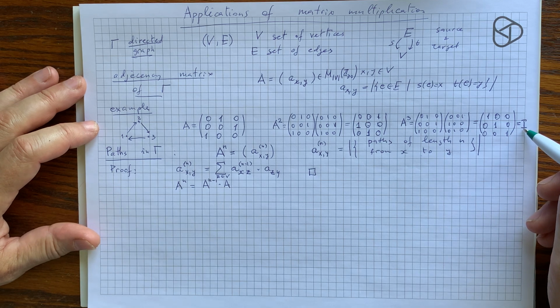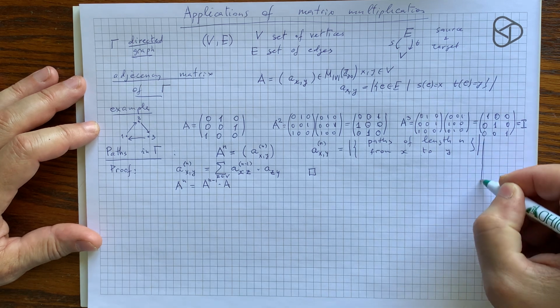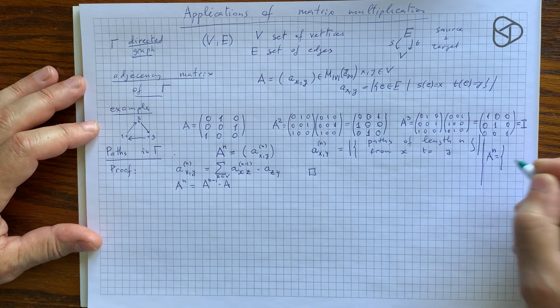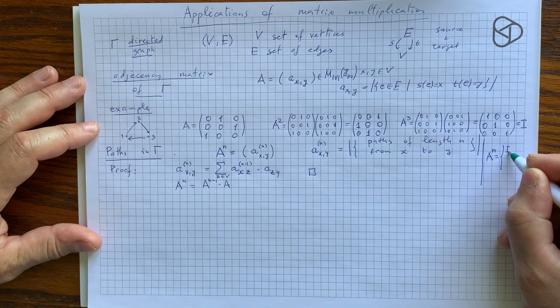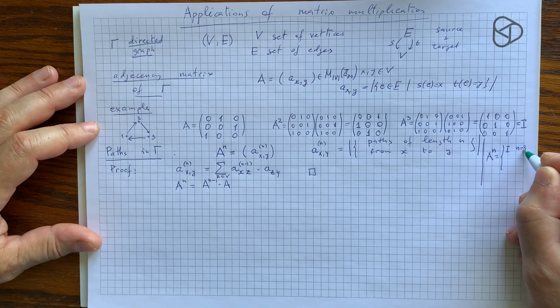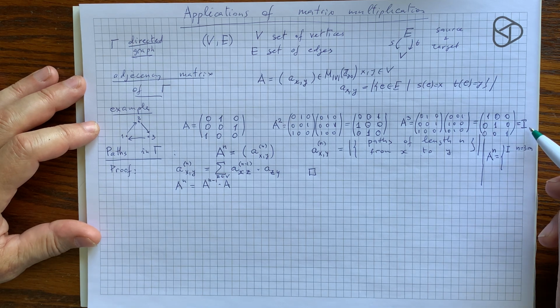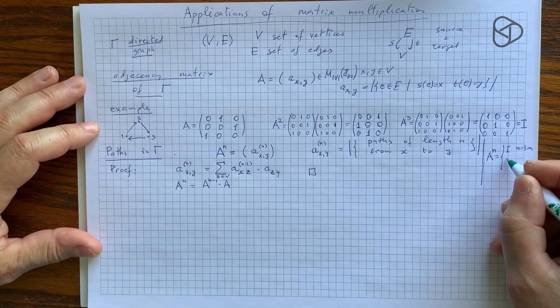Because when we compute the fourth power, we will be multiplying A with the identity, and the result will be A. So writing the answer for powers of A is now easy. If we are computing a power which is a multiple of 3, we will have the identity, because we will be just multiplying cubes some number of times.